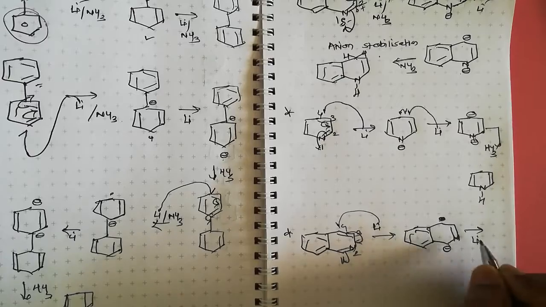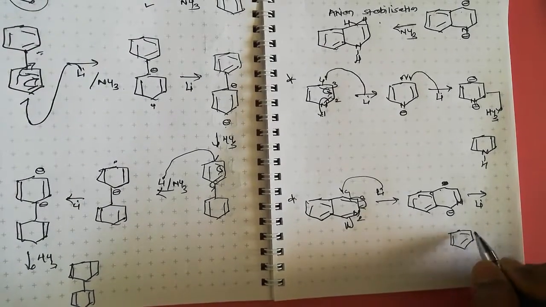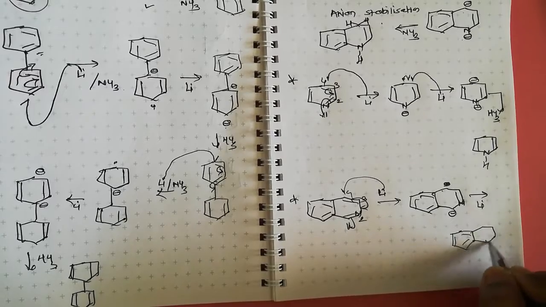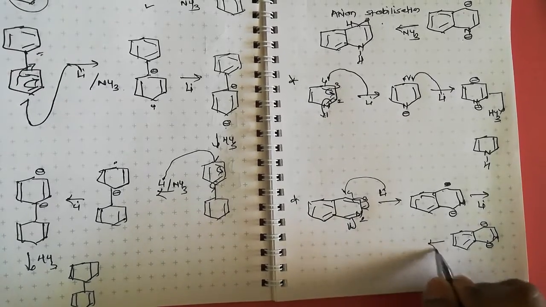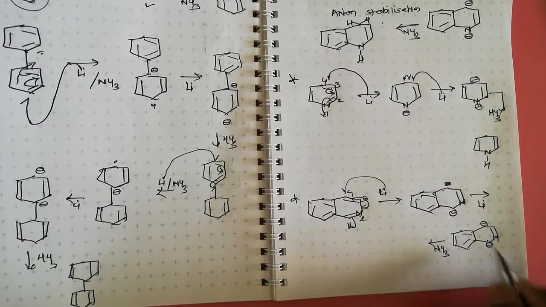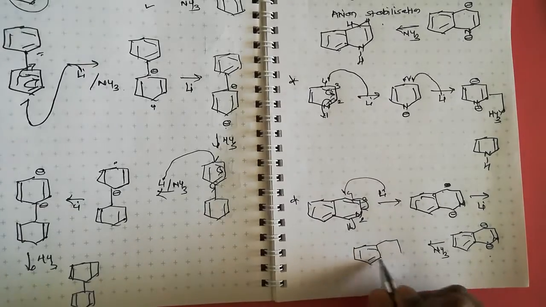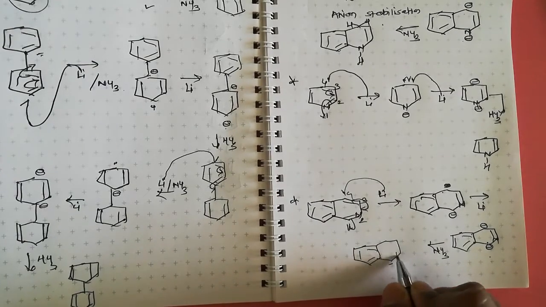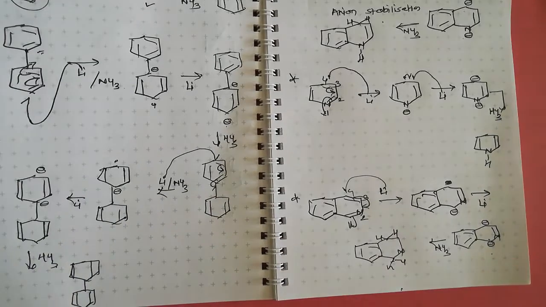Again lithium transfers its electron here, and we get negative charges here. Then ammonia transfers its proton to the 1,4 positions and we get N, H, H, H, H, this product.